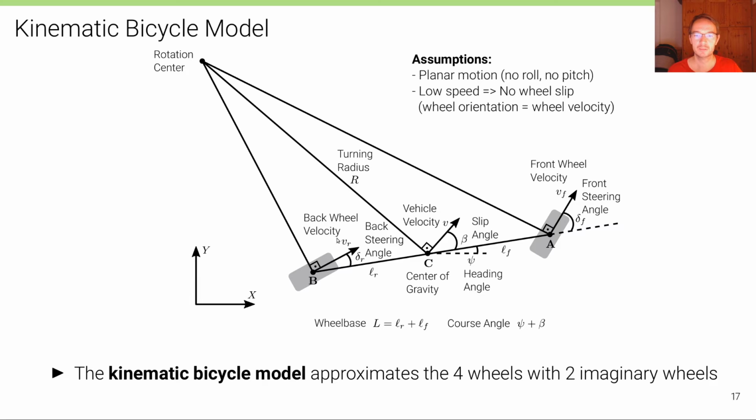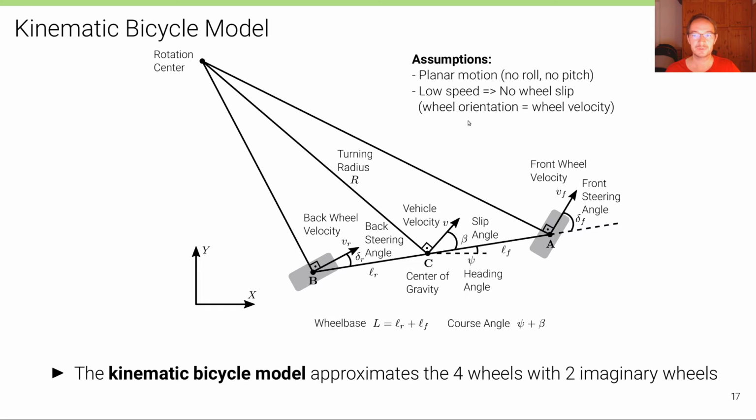Okay. So let's look at the other quantities here. Again, we have the rotation center around which these three points, the center of the rear wheel, the center of the front wheel, and the center of gravity of the vehicle, are rotating.